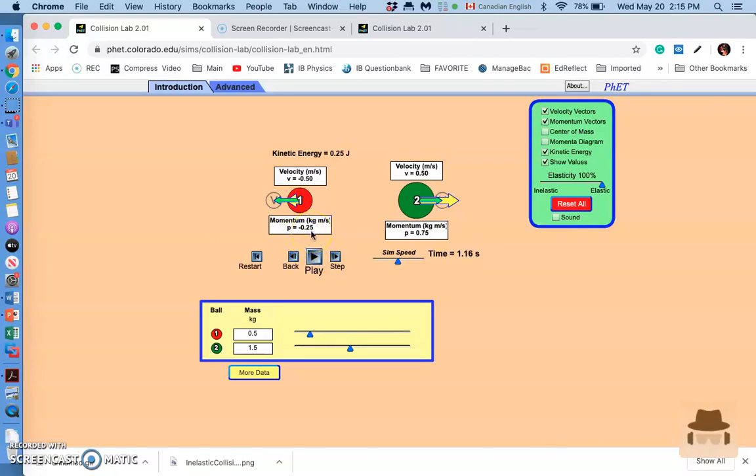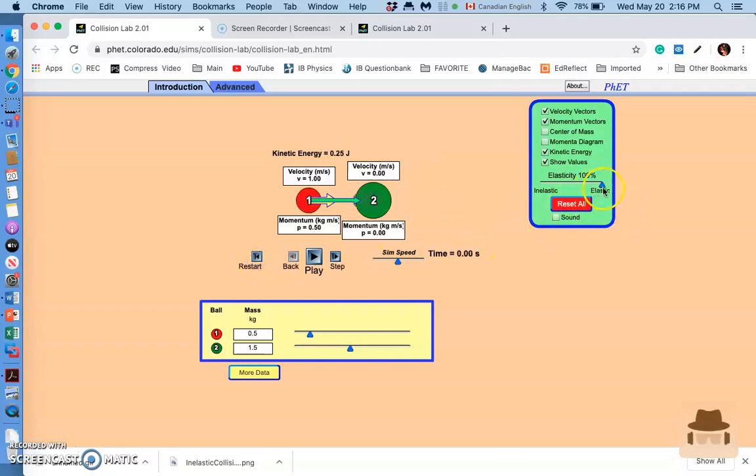Still, I have the same momentum, which is 0.5. Kinetic energy doesn't change. So whether elastic or inelastic, momentum is conserved. The only difference is in kinetic energy. In perfectly inelastic or inelastic collision, the kinetic energy is not conserved.